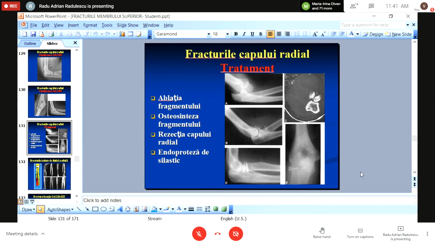It's better to resect the radial head instead of leaving in place an insufficiently reduced radial head, because that will lead to osteoarthritis, while if we eliminate the contact between the radius and the humerus by resecting the radial head, it will provide a mobile and painless elbow. So again, in these type 3 fractures, we prefer to do the resection of the radial head.